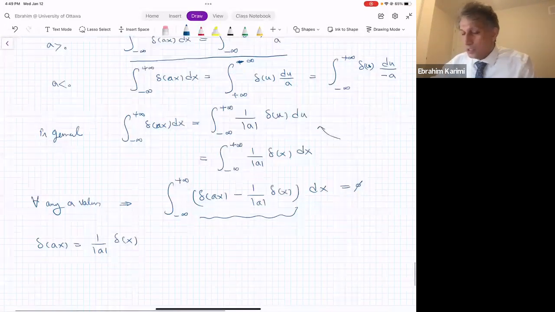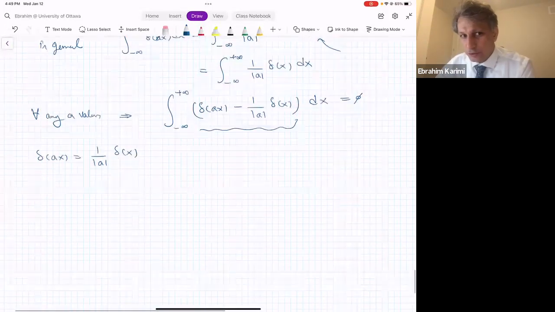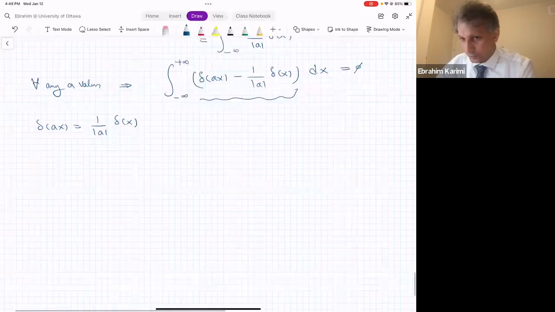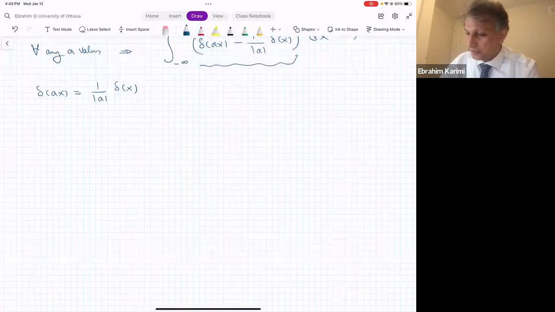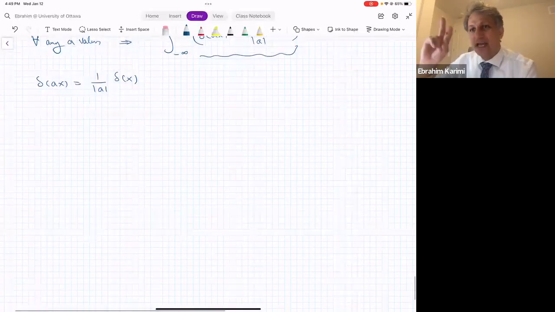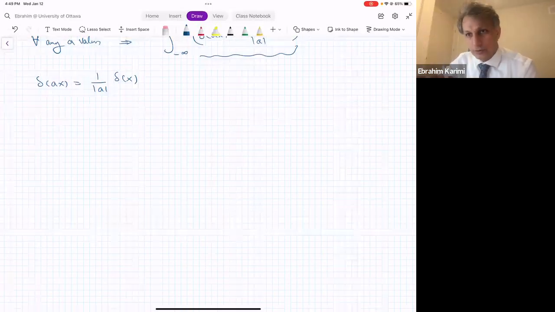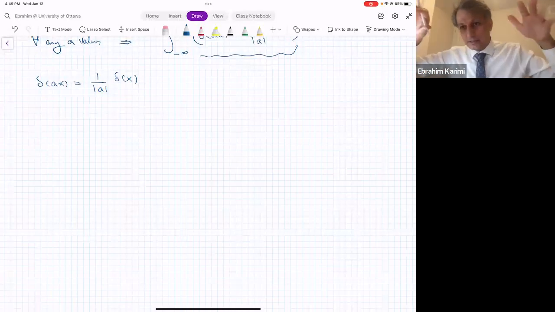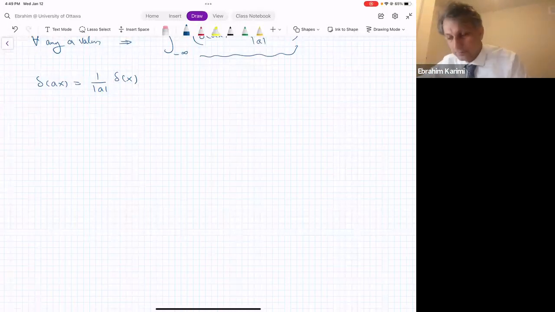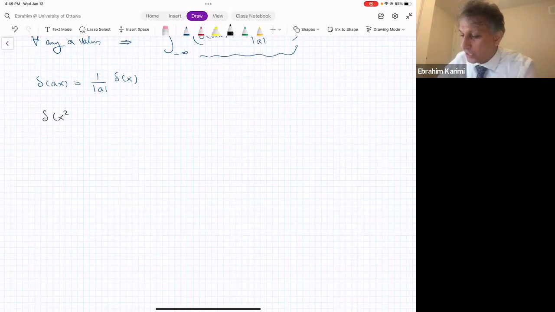Okay. Let's look into another property of the delta function. Sometimes it happens that the delta function has a couple of zeros. It's not only zero at one place, it's zeros in several places in the space. So for example, we do have delta of x squared minus a squared, with a positive, guys, okay?